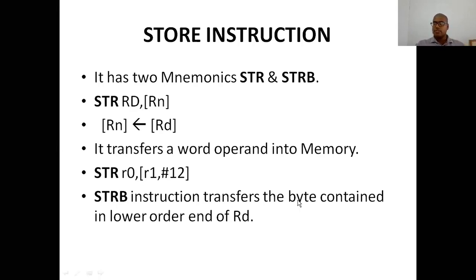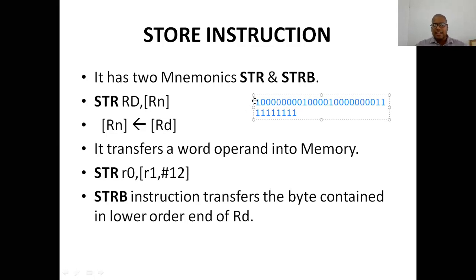It transfers the byte contained in the lower order end. That means I have 32 bits like this, for example 1 0 0 0 0 0 1 0 0 0 0, something like this.